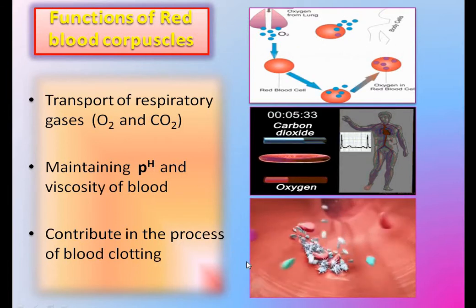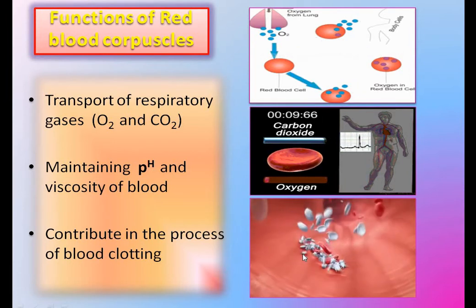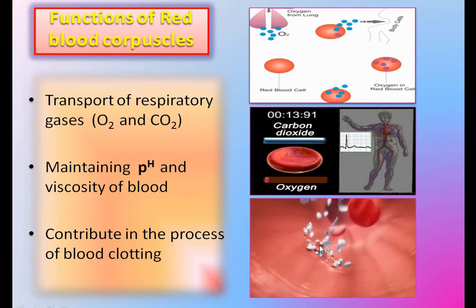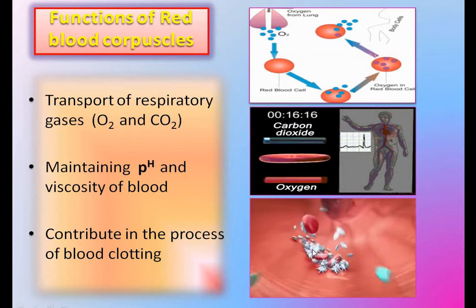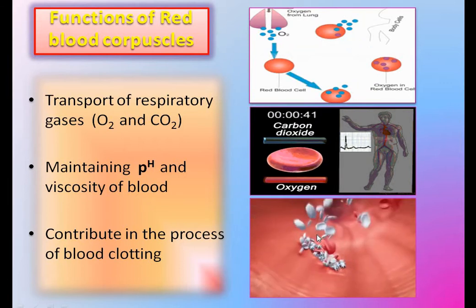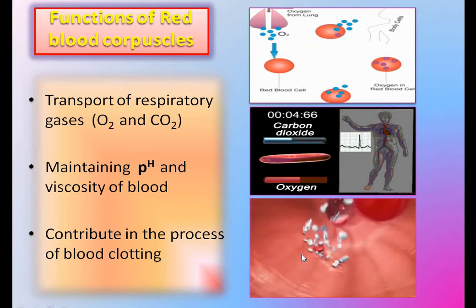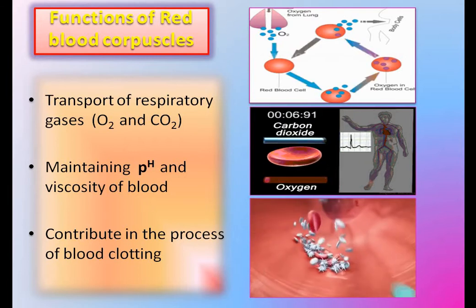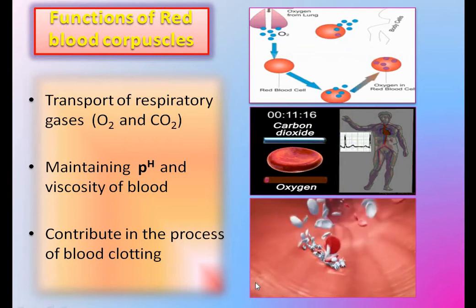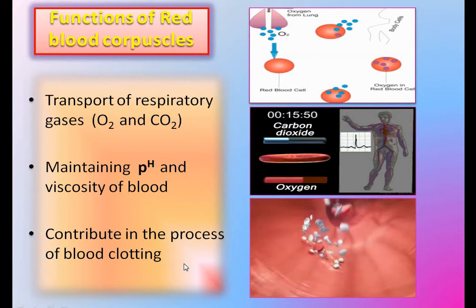What is blood clotting? Blood clotting is an important process that prevents excessive bleeding when a blood vessel is injured. That means when the blood vessel is injured, excessive bleeding is prevented by this process, which is called blood clotting, or coagulation.